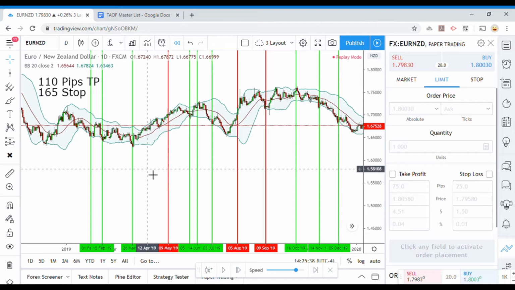Here is my main issue with Bollinger Bands. I am not a reversal trader. I am a trend trader. I don't like trading reversals because it often caps your potential.